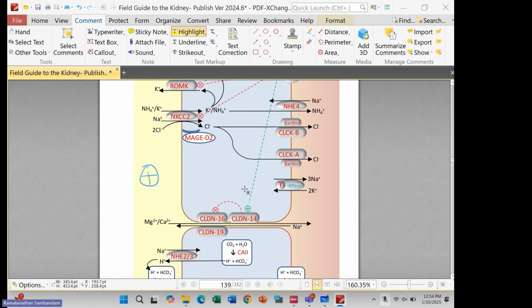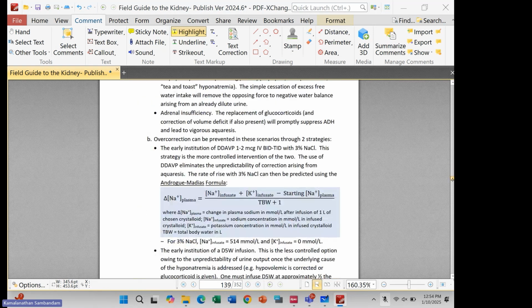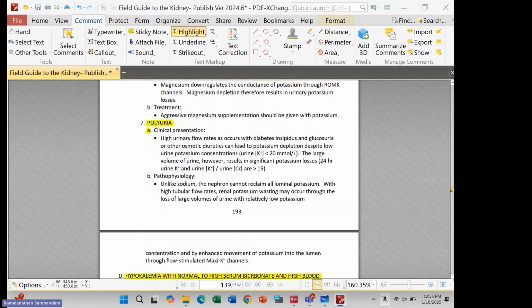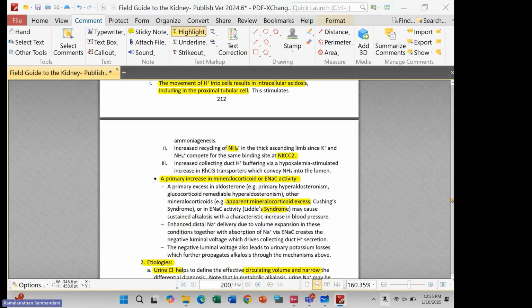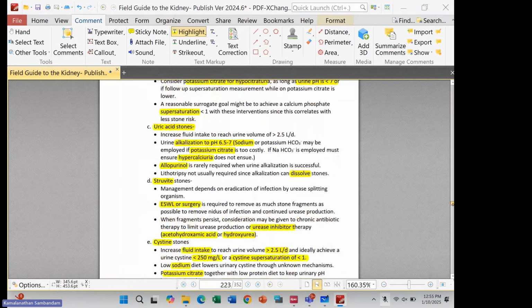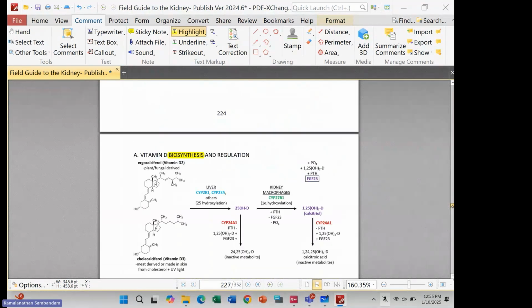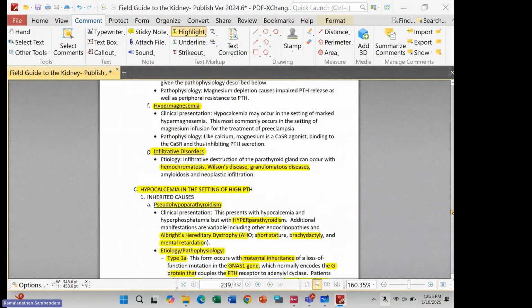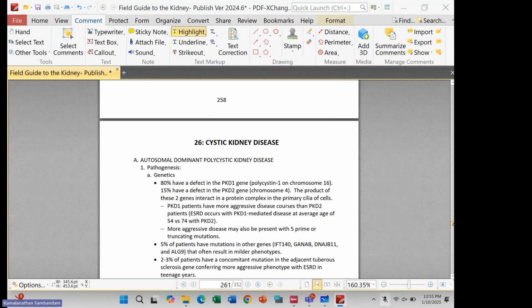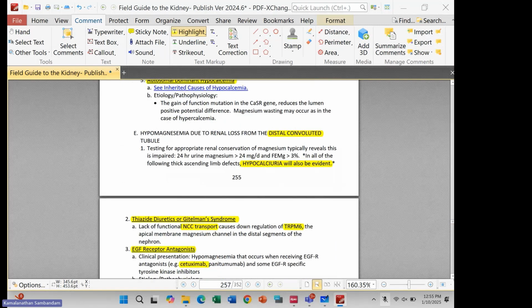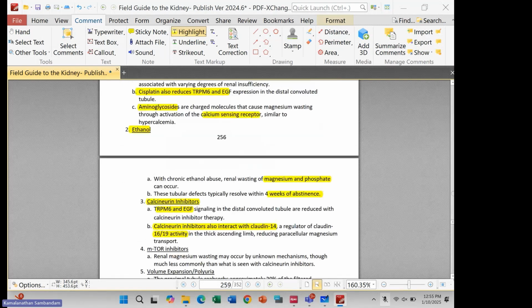So there is calcineurin inhibitor regulation of claudin 14, and therefore calcineurin inhibitors predictably cause magnesium wasting. We talked about this through a thick ascending limb transport defect, but also by inhibiting EGF and TRPM6 function as well. So multifocal defects resulting in that magnesium wasting.